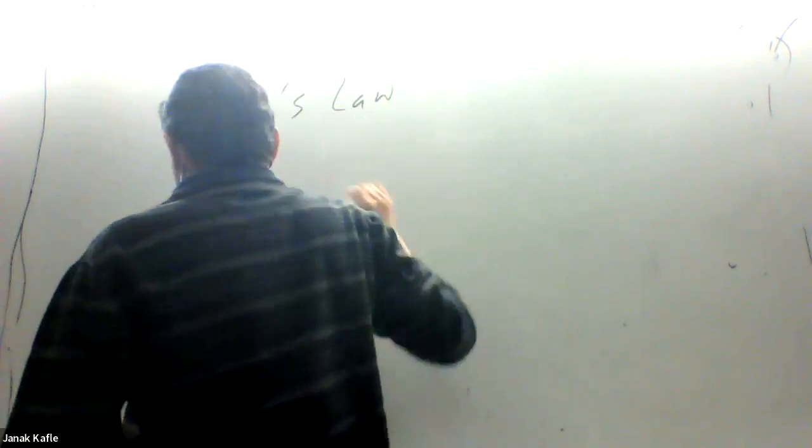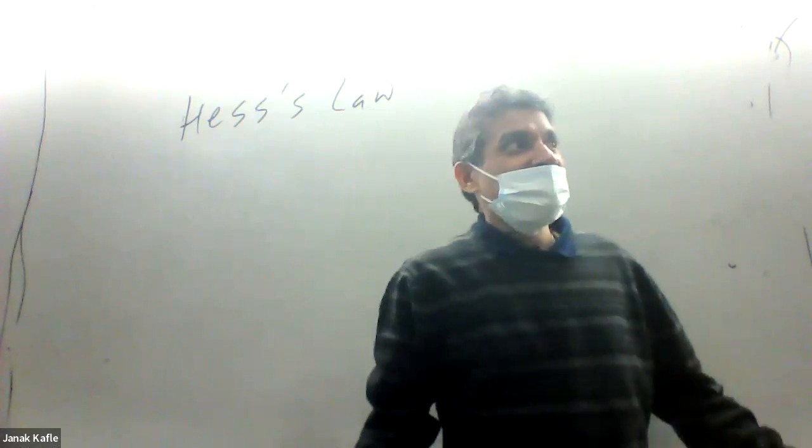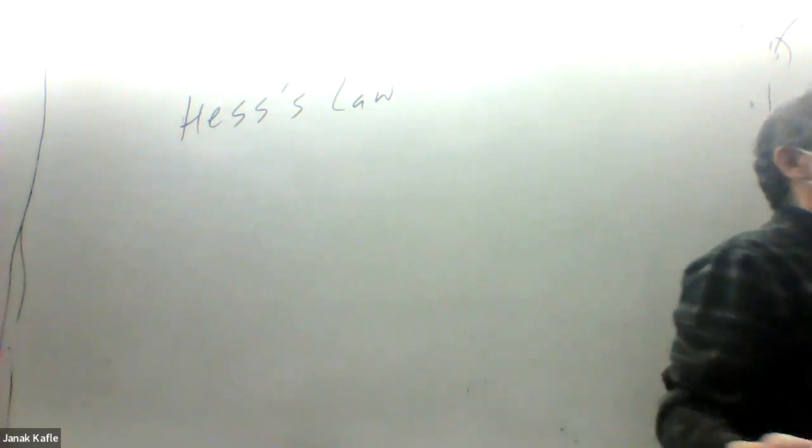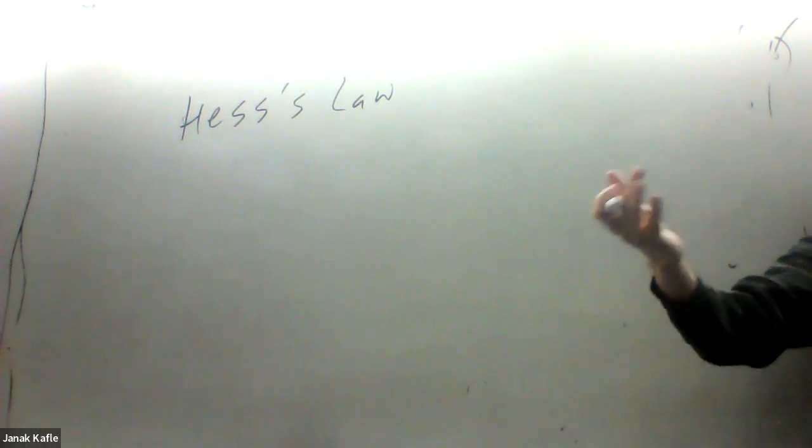Hess's law is basically about a state function. State function means you can go step 1, step 2, step 3, step 4, step 5, or you can directly fly from here to there. The change is the same.